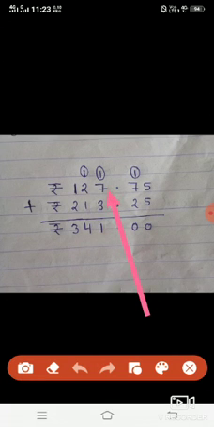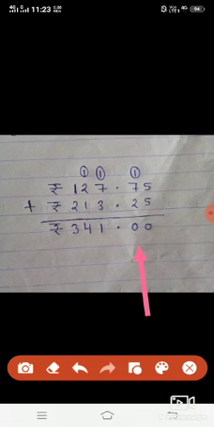Now we will add 1 plus 7 plus 3, then we get 11, so we will write 1 here and take carry 1. Now we will add 1 plus 2 plus 1, then we get 4, so we will write 4 here. Finally we will add 1 plus 2, then we get 3. So the answer is 341 rupees 0 paise.